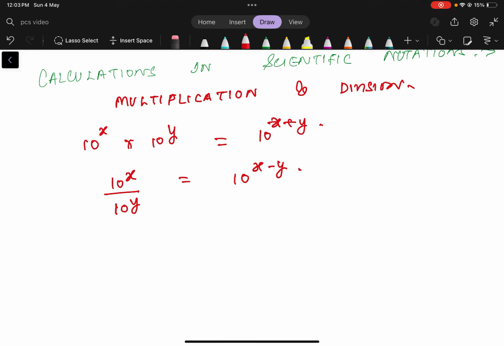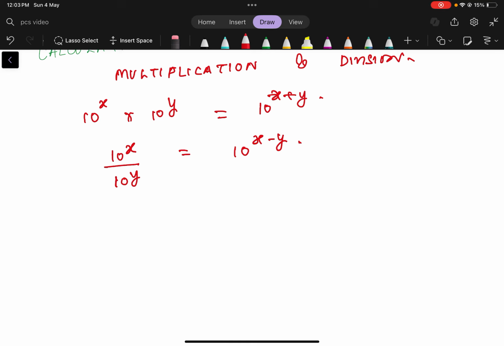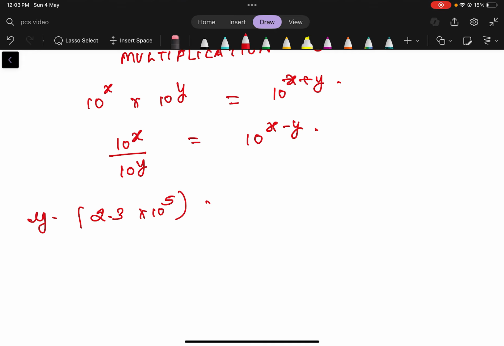Now let us look at this example. We take an example: 2.3 into 10 to the power 5 into 2.2 into 10 to the power 3.